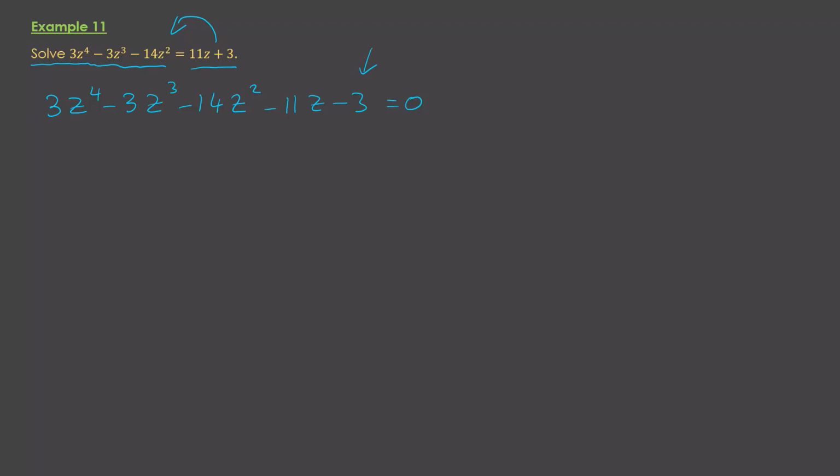The 3 at this end means we only need to worry about plus or minus 1 and 3, but the 3 on this end means we might need to worry about a third, and 3/3 is 1 anyway. So let's let f(z) = 3z^4 - 3z^3 - 14z^2 - 11z - 3.